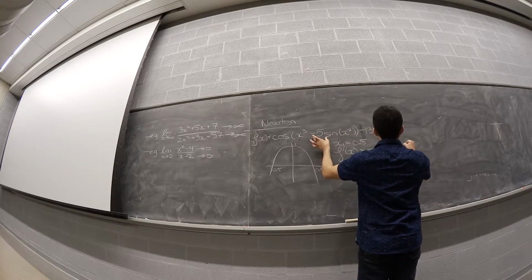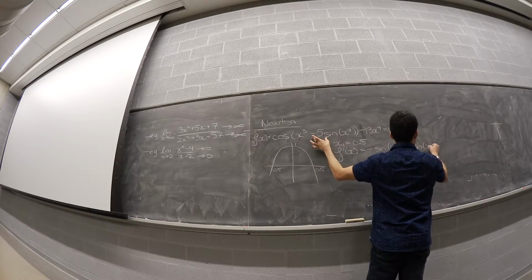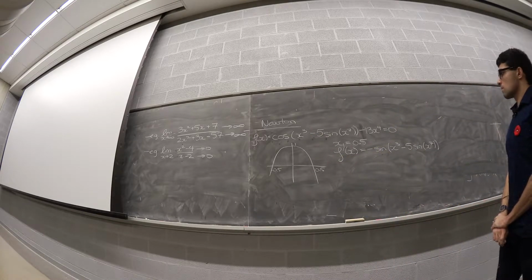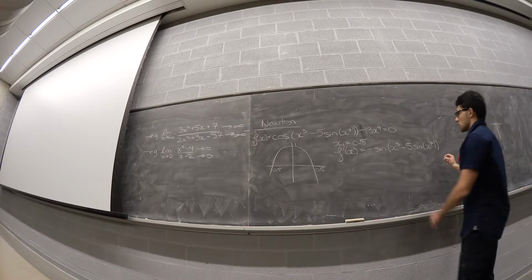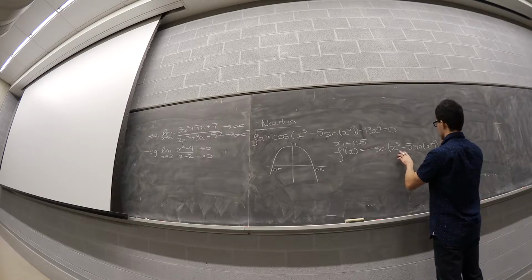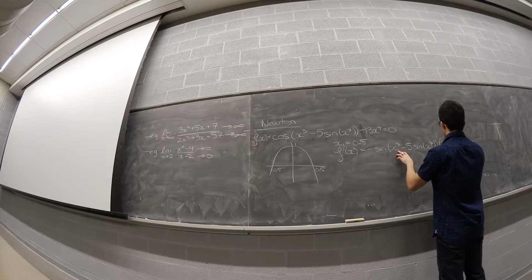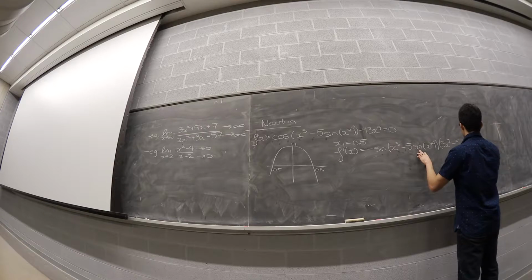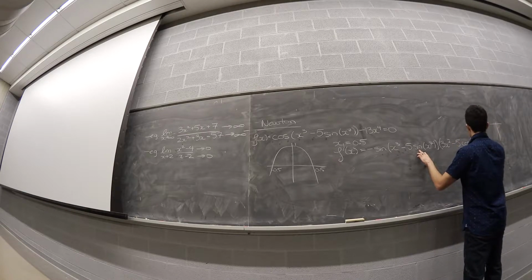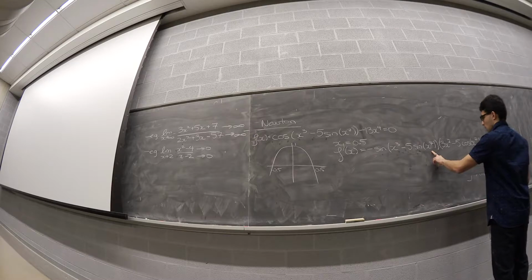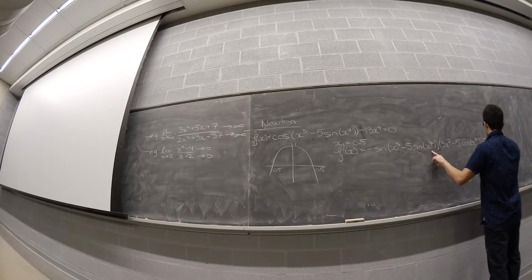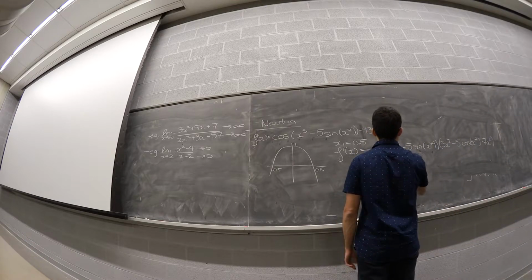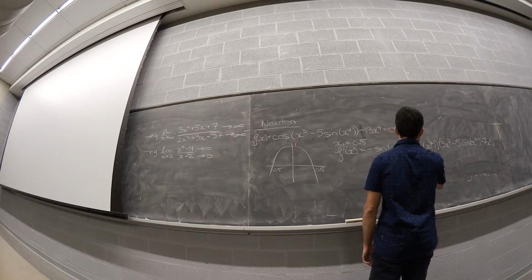X cubed minus 5 sine x to the 7, times 3x squared minus 5 cos x to the 7 times 7x to the 6. Maybe consider not writing this down. Minus whatever 4 times 13 is, x to the 3.